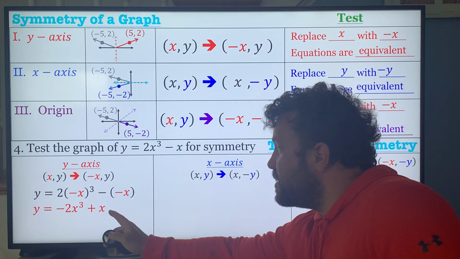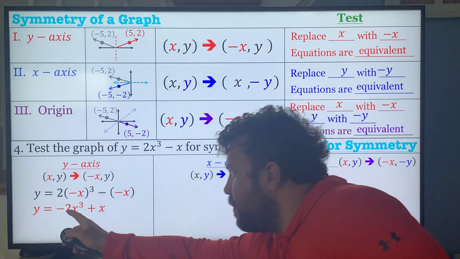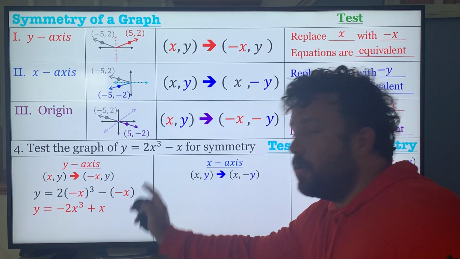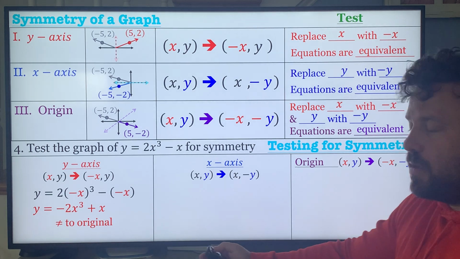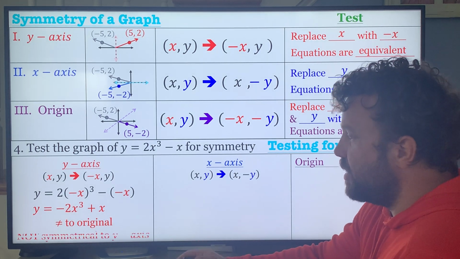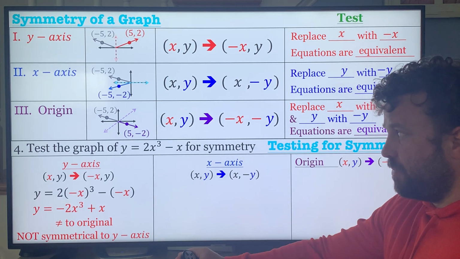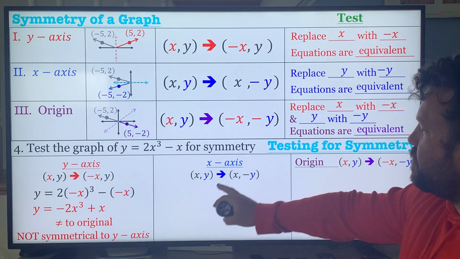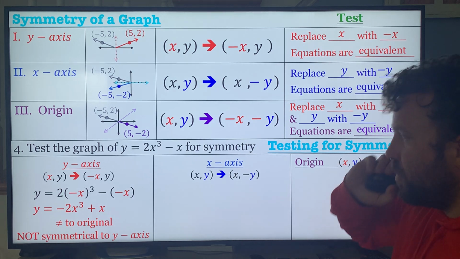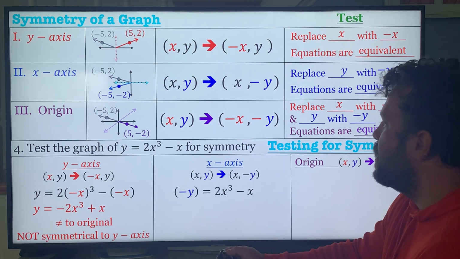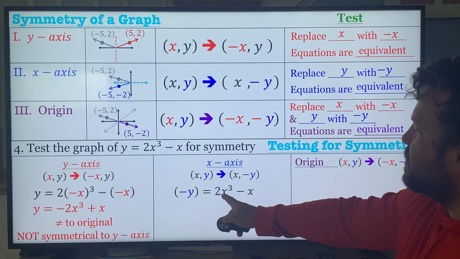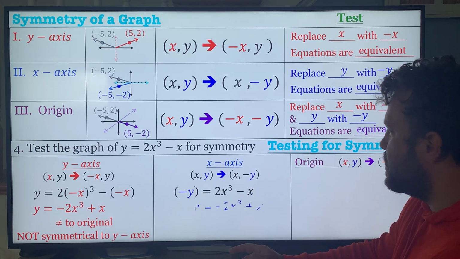Are these two equations the same? Well, I don't think they're the same, do you? No. They're not equal, they're not equivalent, so they are not symmetrical. They have to be the same. Got it? Let's replace the y's. So, this just becomes negative y equals 2x cubed minus x.